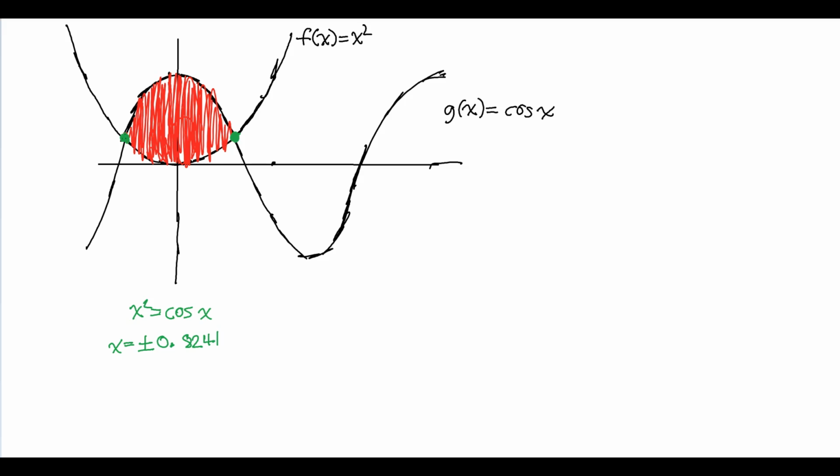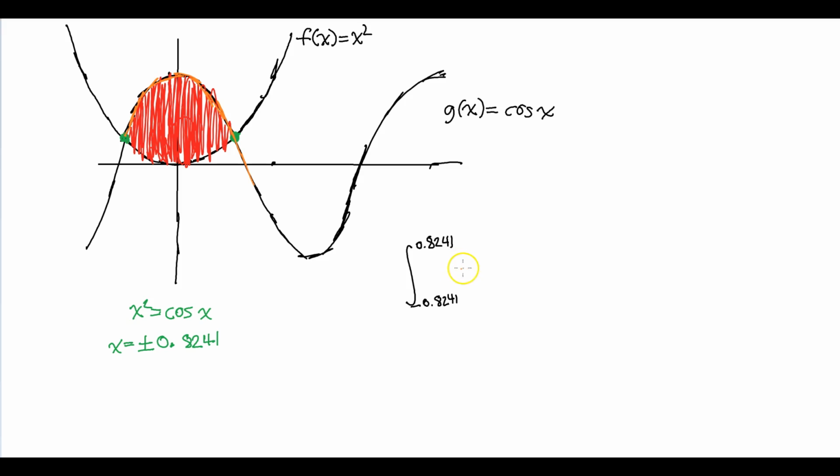So what we can do now is take the definite integral from negative 0.8241 to positive 0.8241 of, now what's our top function? The top function is cosine of x, see? It's our top function in orange. So that's cosine of x.